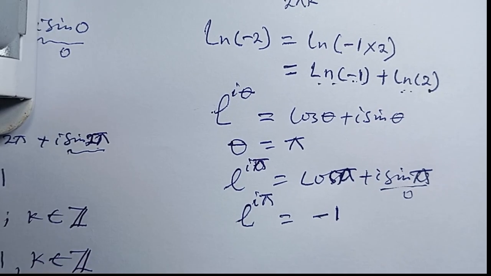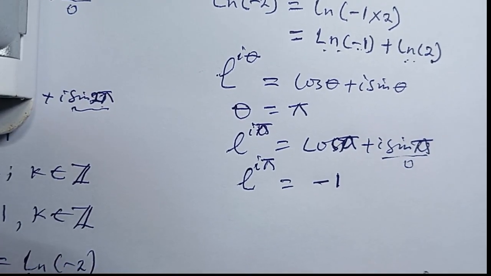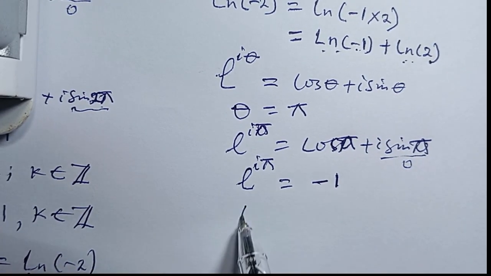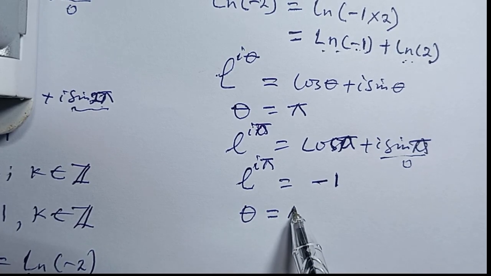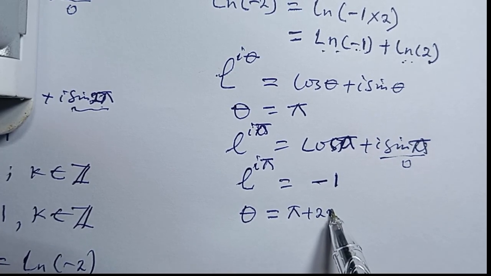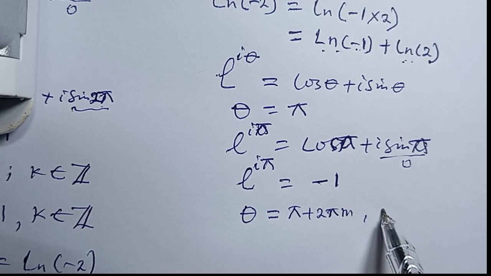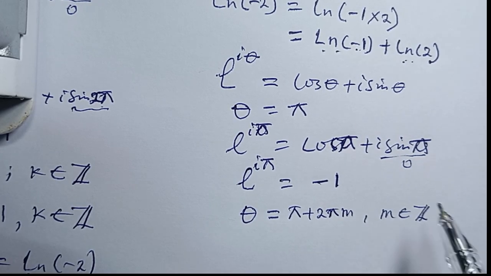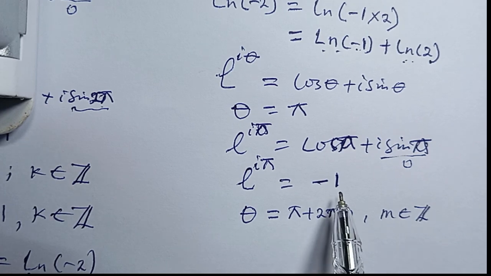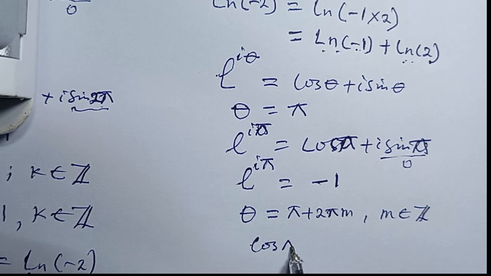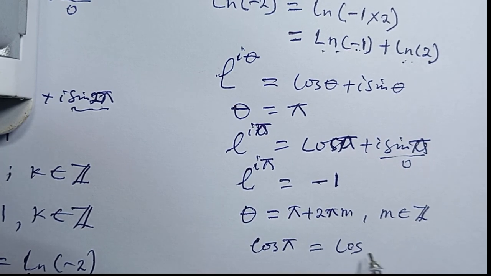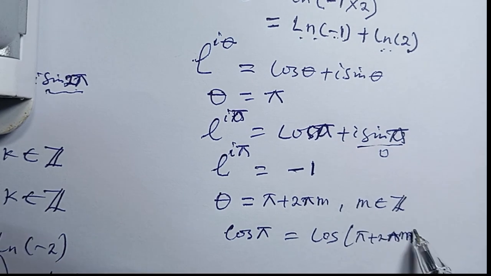And of course in general you're actually going to be noticing that for theta equal to pi plus 2 pi m, that is for all integer values of m, this exponential equation is also going to be giving you negative 1. Why? Because cos pi is also going to be giving you the same as cos of pi plus 2 pi m, and of course this is going to be true for all integer values of m.